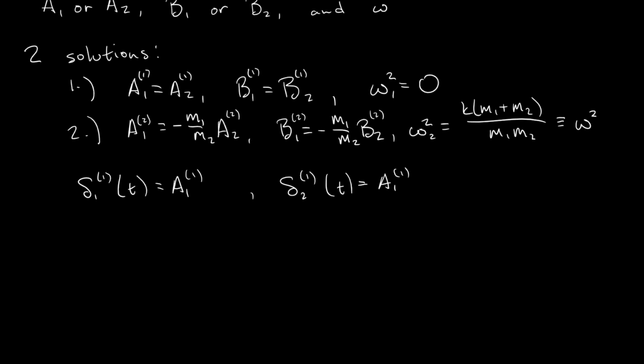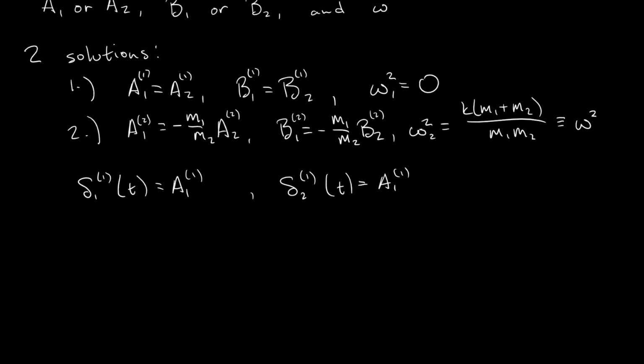Omega being 0 isn't really weird, right? It just means that things aren't going to oscillate. It just means that I've shifted my system and not stretched or compressed anything, so this is the boring situation.